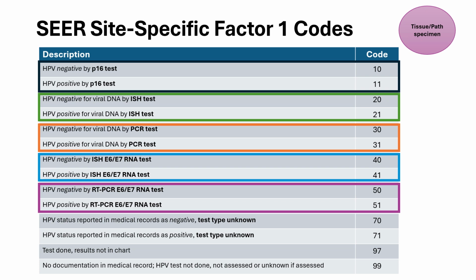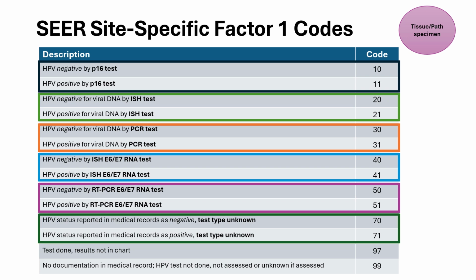Code 70 is when the HPV status in the medical record states negative, but you don't know the type. And for 71, it's when the HPV status is reported as positive, but you don't know the type. If the test is done and the results are not in the chart, code 97. If it's not documented in the medical record, or the HPV test was not done, not assessed, or you don't know, code 99.